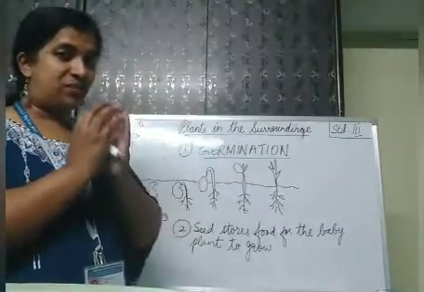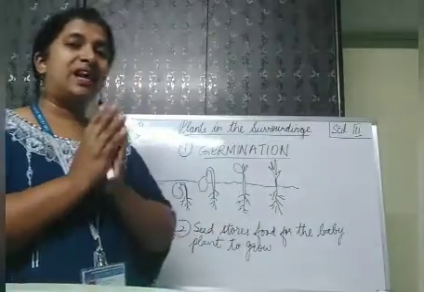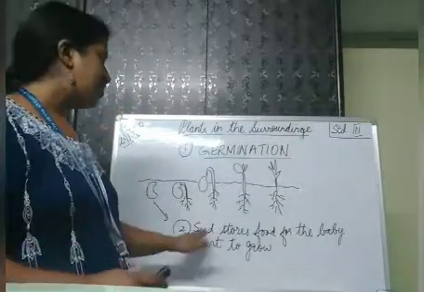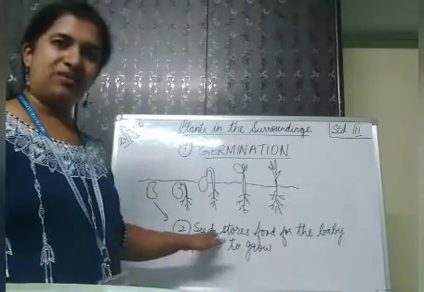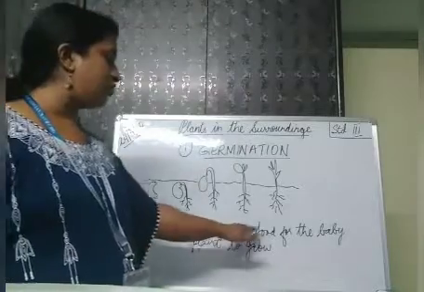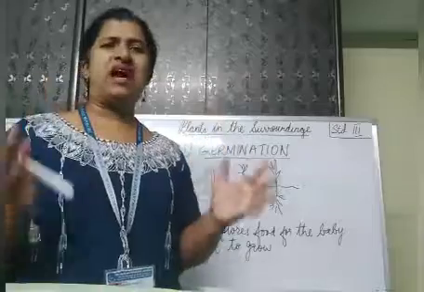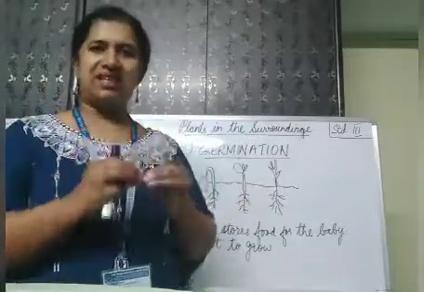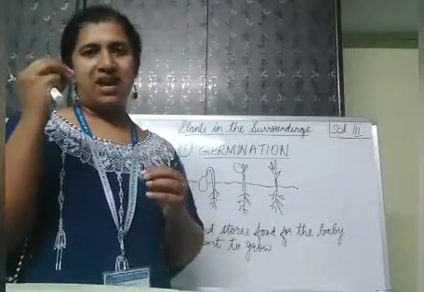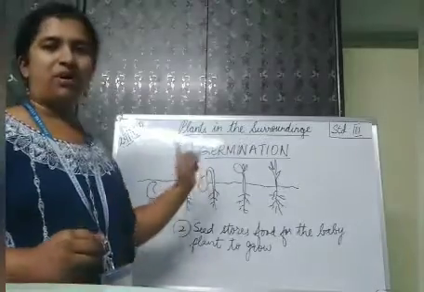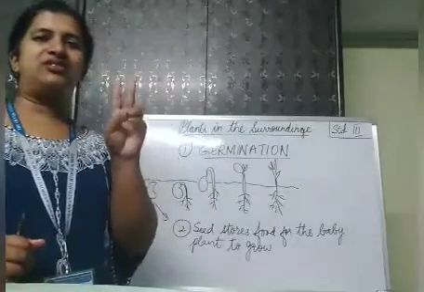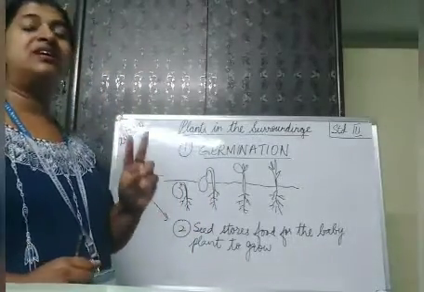It has the fleshy part, which is the cotyledon, and that part stores food, isn't it? So the second function of the seed is to store food for the baby plant to grow. It does not have that much food, but it has enough food for a tiny plant to come out. So these are the two main functions of the seed.